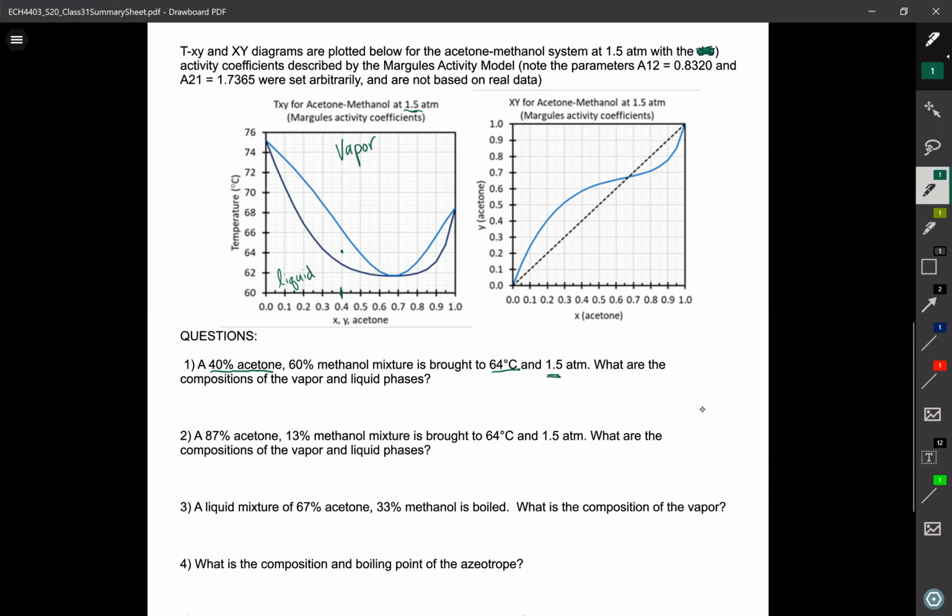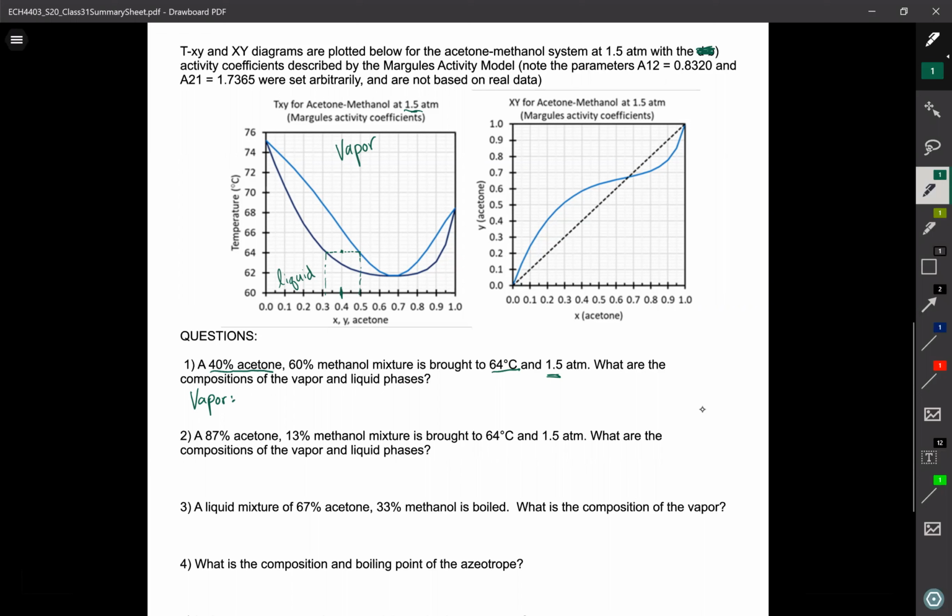And to figure out what the vapor and liquid compositions are, I draw myself a horizontal tie line, and I trace that down to read what the mole fractions are. So for my vapor phase, I want to remember to look off of the dew point line, and that's the light blue line. And that one's super easy.